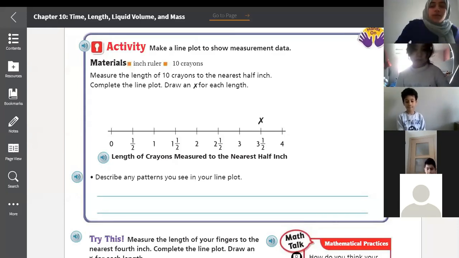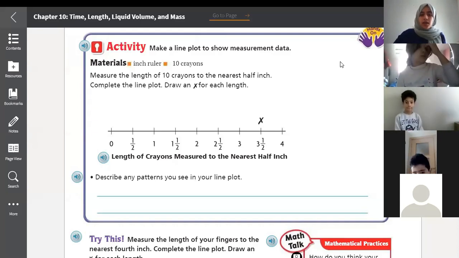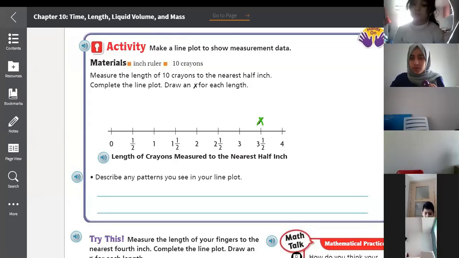So the point of this is to use the measurements or find the lengths of different crayons. And then I'm going to write X, like this one, a mark, to show that I have a lot of these crayons. So what I'm going to use here is the crayons that I have to make some measurements.